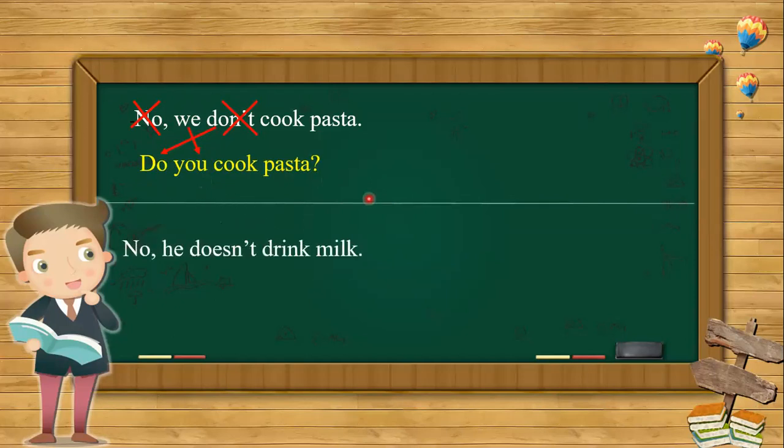Okay, another example. No, he doesn't drink milk. Okay, tell me the steps. Yes, first I will cross no, and not just no, no and its friend, which is not.